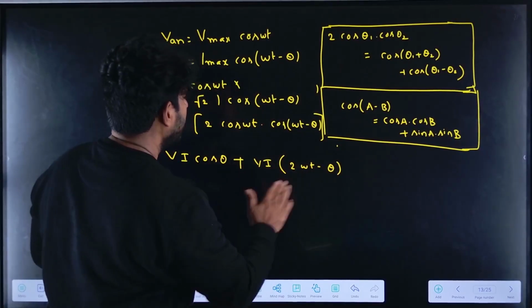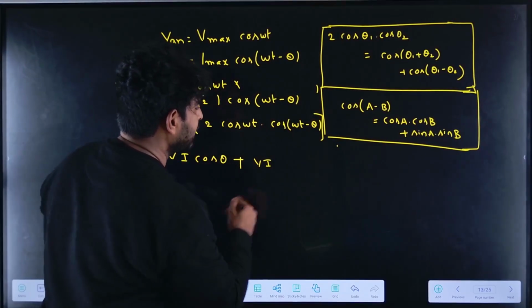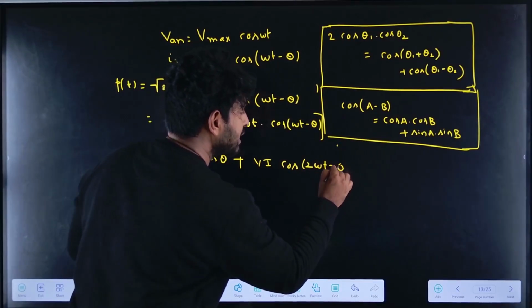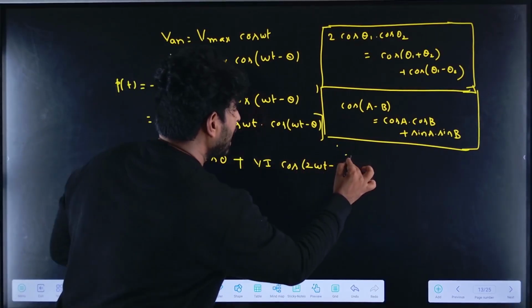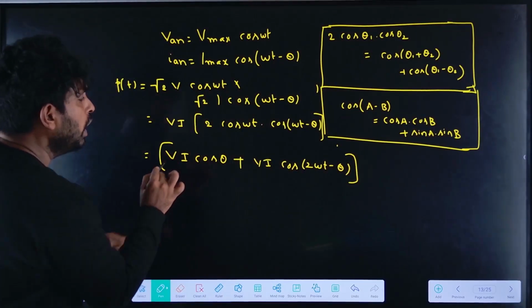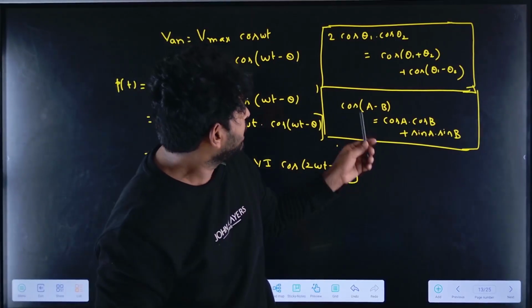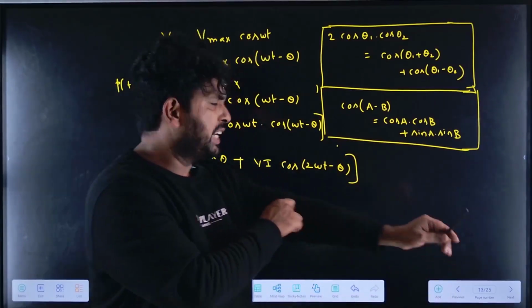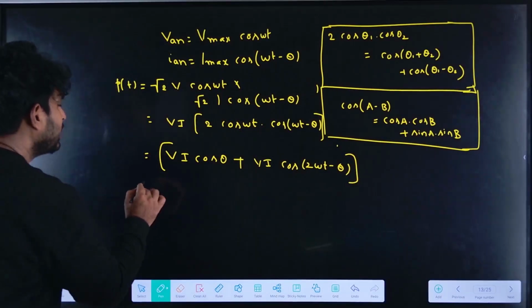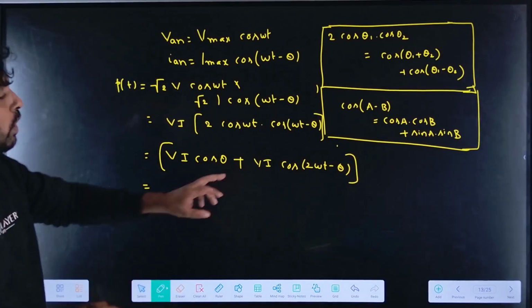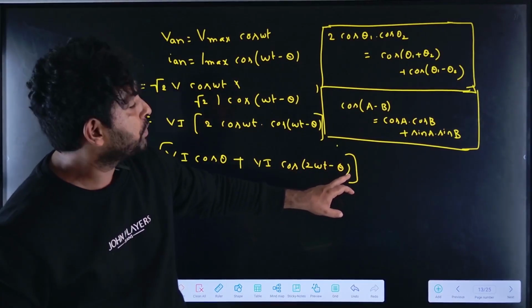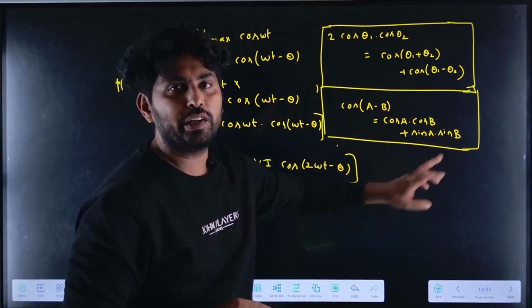Now cos of 2 omega t minus theta. Apply the cos A minus B formula: cos A minus B equals cos A cos B plus sin A sin B. Very simple mathematics. So that is cos 2 omega t into cos theta plus sin 2 omega t into sin theta.